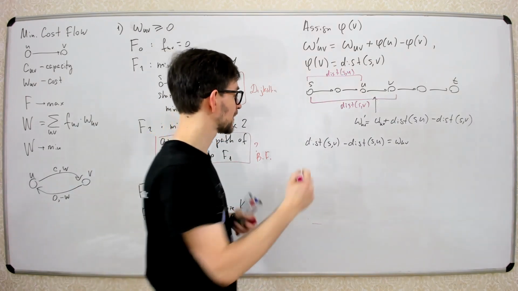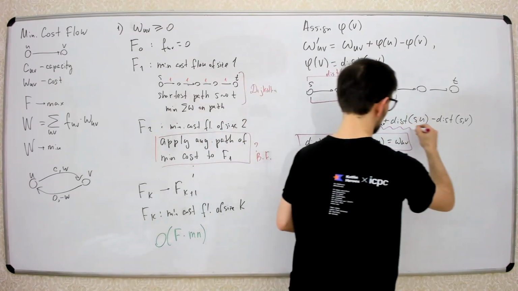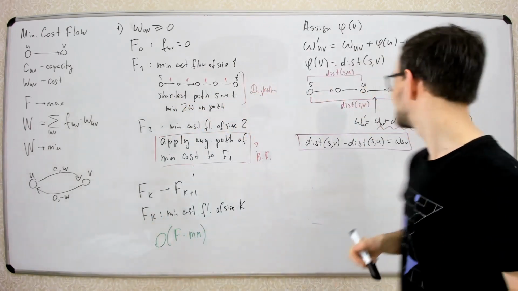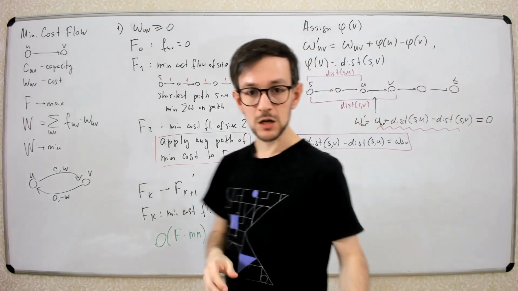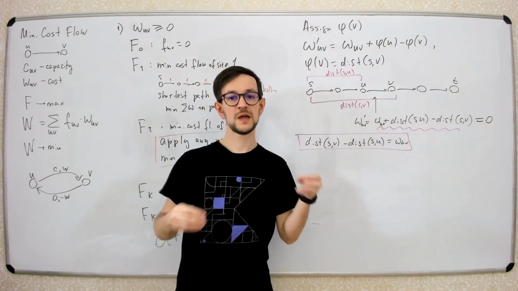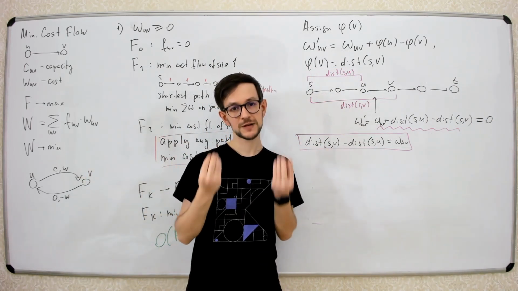Okay, we just proved this is true. So, what's this? 0, finally. So the weight of this edge is 0. So if you assign potentials as distance from S to V, then all the edges in the shortest paths are zeros. This actually makes sense, right?